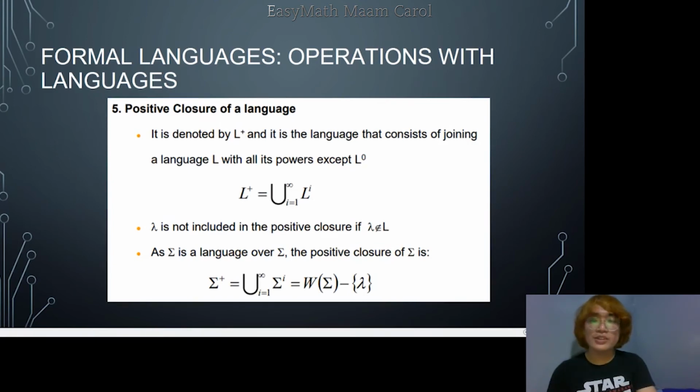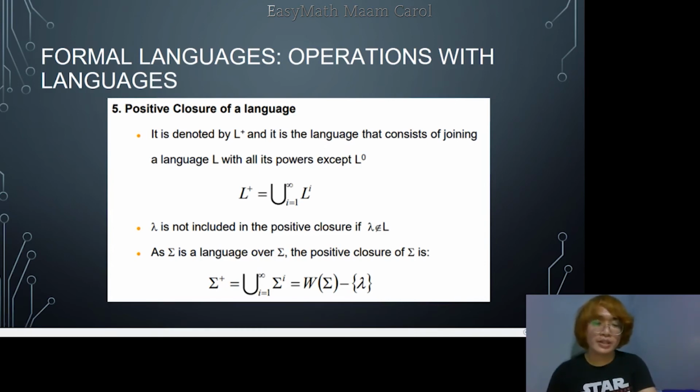Next is the positive closure of language. It is denoted by L plus, L raised to plus. It is a language that consists of joining the language L with its powers, except L raised to 0, the empty language. So the empty language is not included in the positive closure.